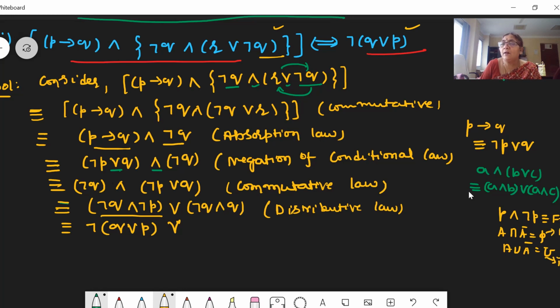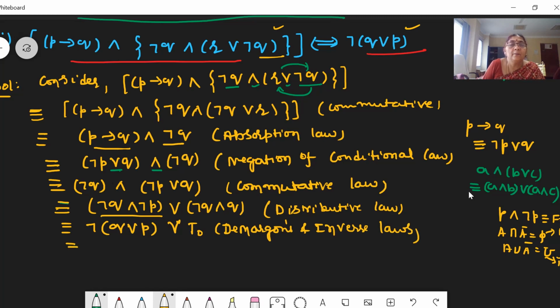That is the inverse law. Here we are using De Morgan's law and inverse laws. Now in the next step, from the identity law, ¬Q ∨ P.